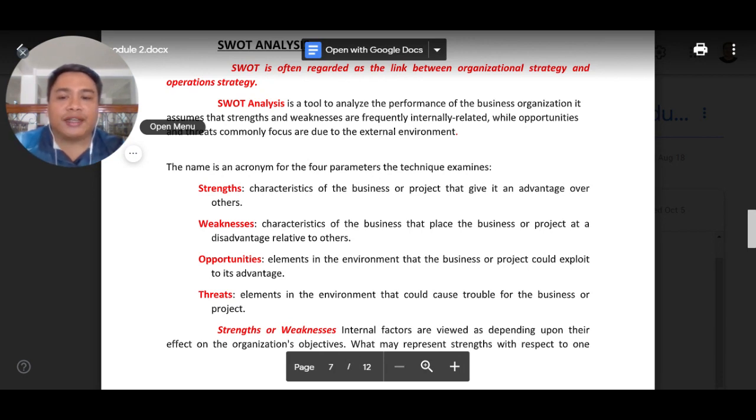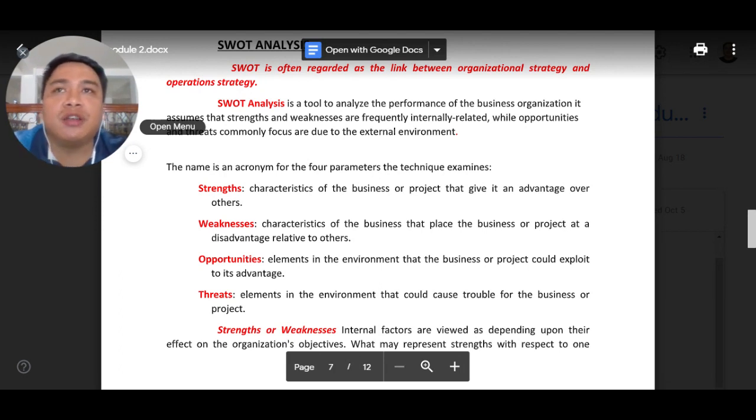Okay? Now, sa threats naman, is an element in the environment that could cause trouble for the business or project. Ano yung factors that could be a threat? Okay, environment and the external factors. The strength of your competitors can be a threat to your business organization. Yung kalakasan ng kabila can be a threat for you.